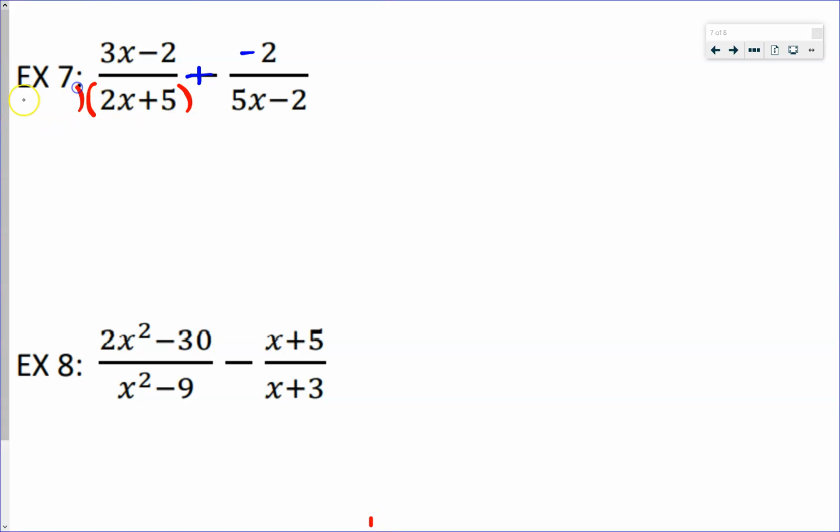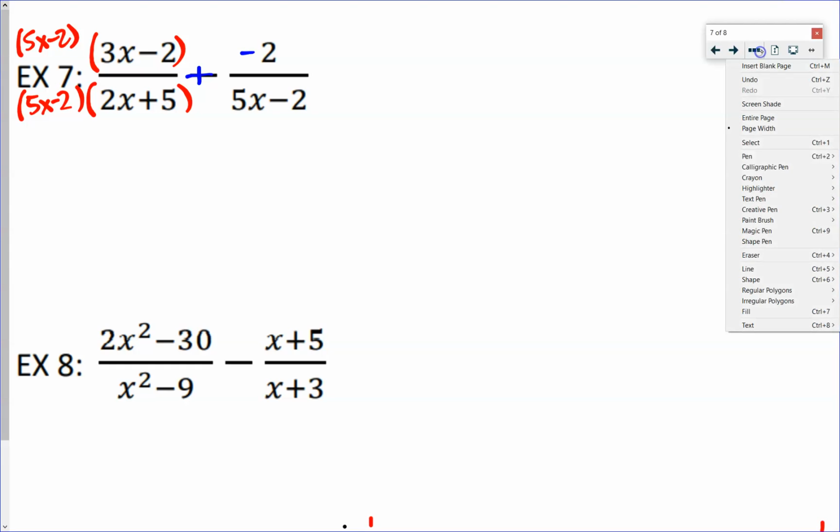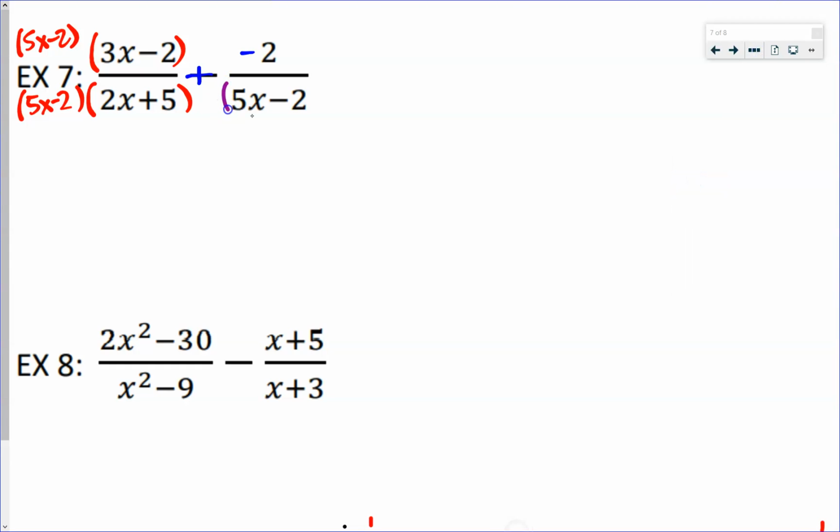All right, let's simplify. So over here, we will have to FOIL. So we're going to get 15x squared minus 10x minus 6x, and then positive 4. My purple is going to simplify to negative 4x, and then minus 10.